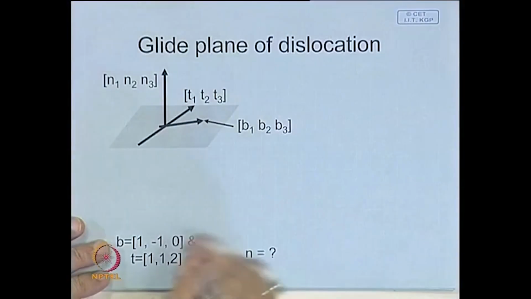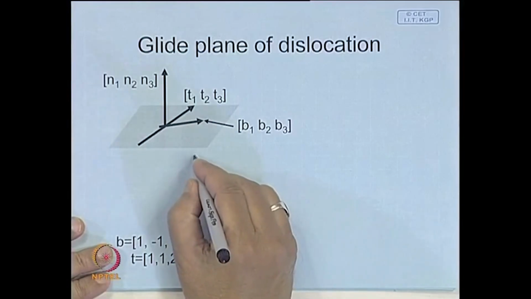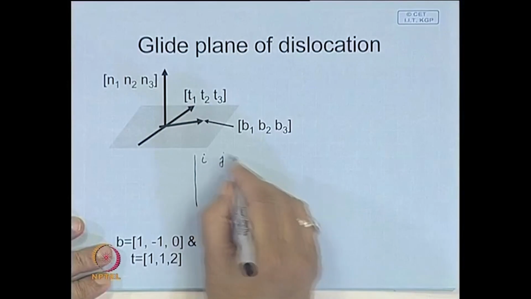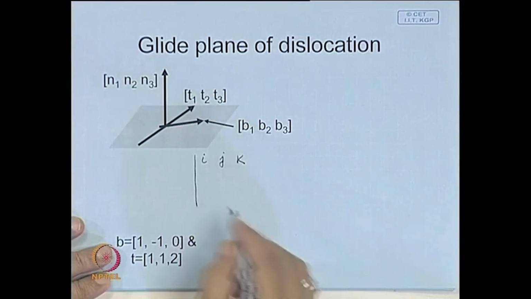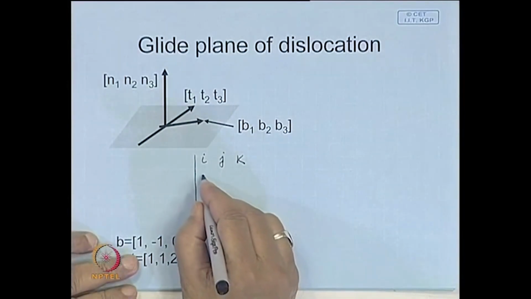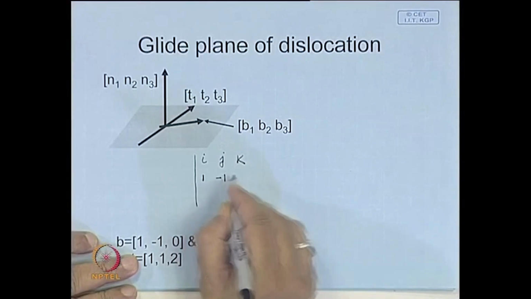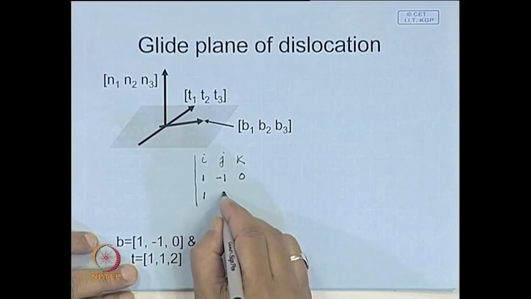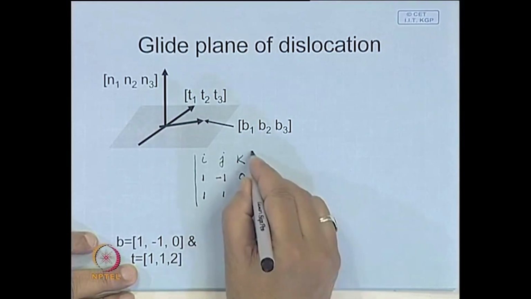If you write the determinant, it is i j k, then 1 minus 1 0, next 1 1 2.